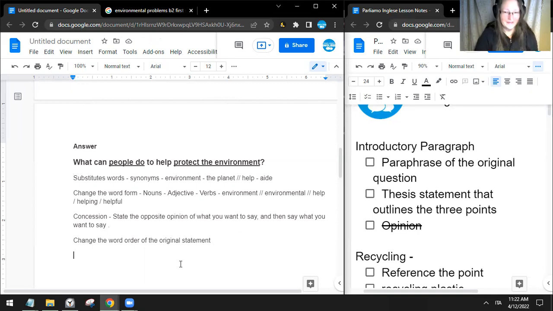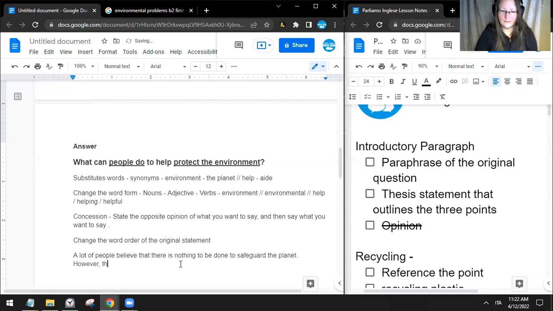Okay, so a lot of people believe that there is nothing to be done to safeguard the planet.